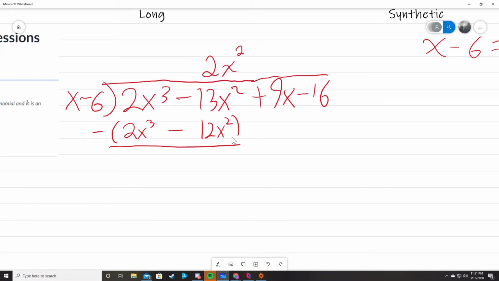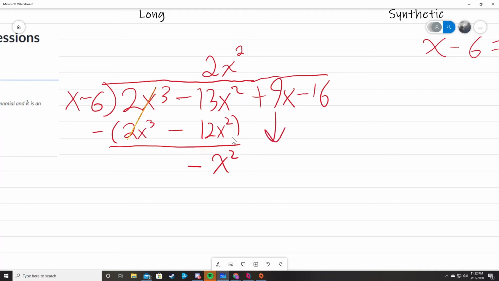So the first 2 terms in both of these are canceling out, like how it should. If it doesn't cancel out, that means that you don't have the correct terms there. Now we got negative 13 minus negative 12. Since those minus signs are going to be right in front of each other, we got negative 13 plus 12, which will give us a negative x squared, a negative 1x.